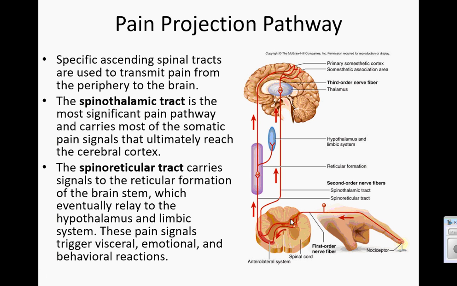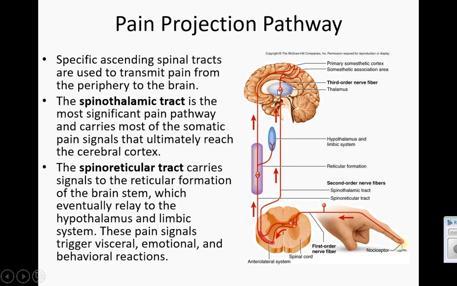Okay. Now, something very cool about pain is that we send signals up by way of 2 tracks. Ultimately, the same destination is receiving these signals, our cerebral cortex. But sometimes the signals travel through the reticular formation in our brainstem.